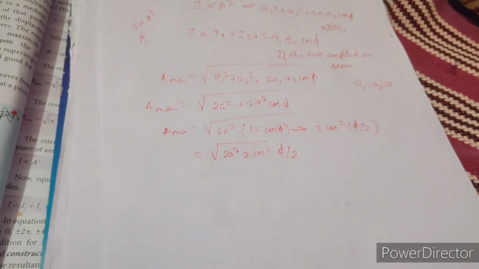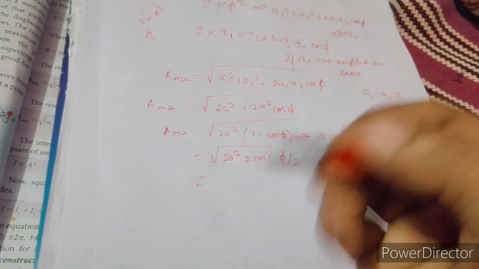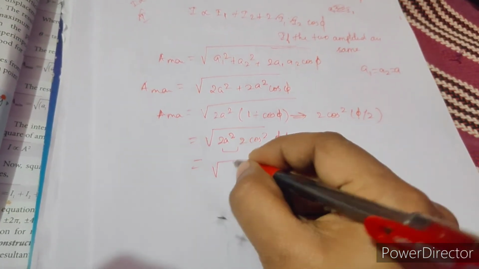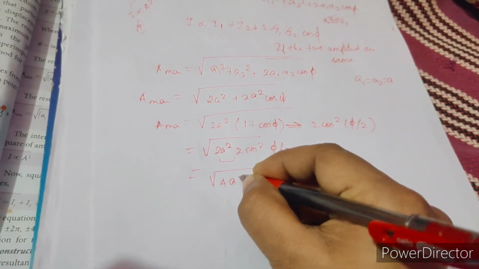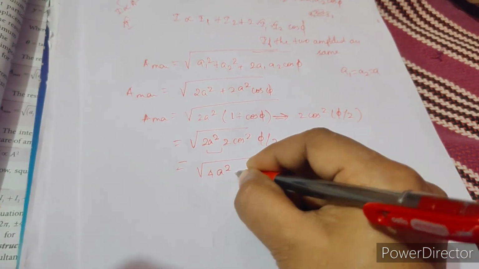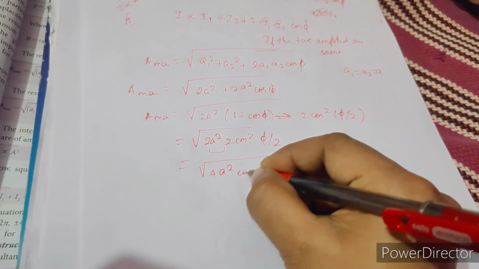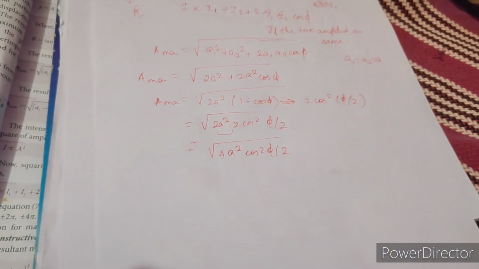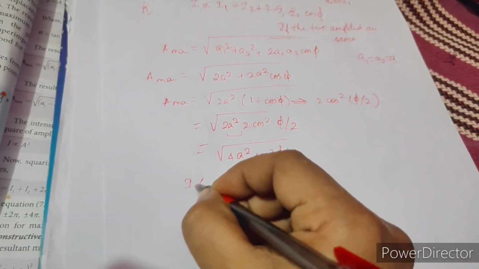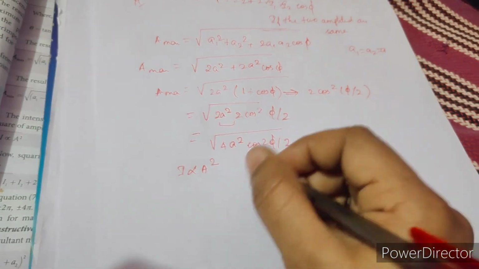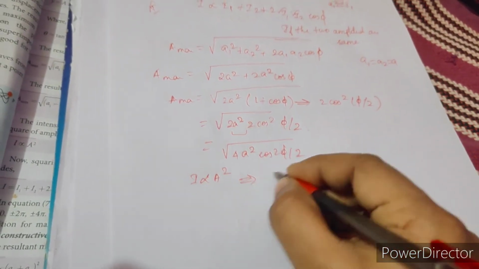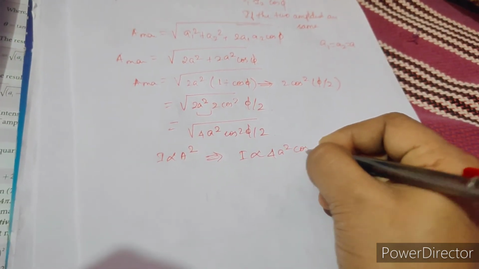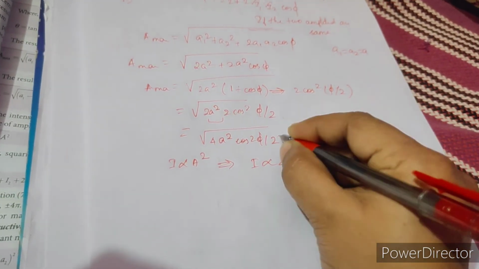Next step, we can substitute and add this 2. So 4A square cos square phi by 2. Okay, so here the intensity is directly proportional to the amplitude squared. So I can write the intensity is directly proportional to 4A square cos square phi by 2.